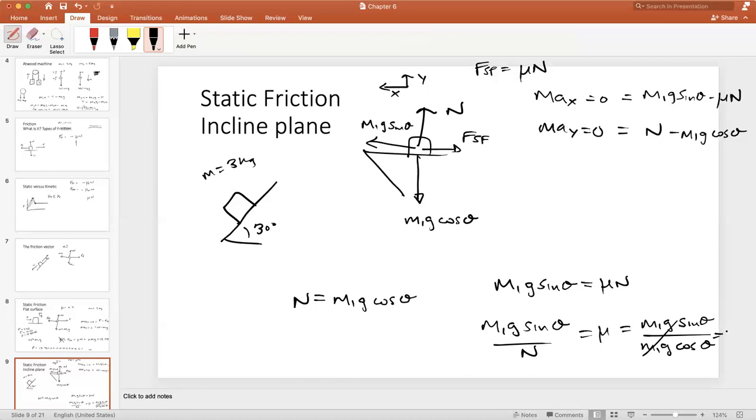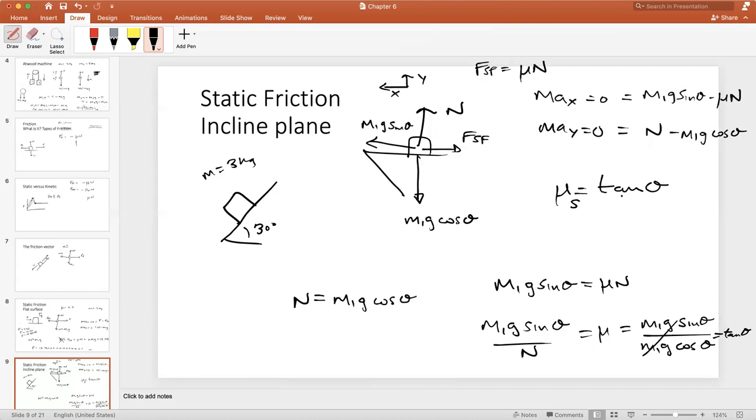These cancel and you get tan theta. And what that says, remarkably, is that the coefficient of static friction only depends on the angle of the incline. That's weird. And that it doesn't matter whether it's sandpaper or kind of slick ice. Yeah, that doesn't seem to make sense, right?